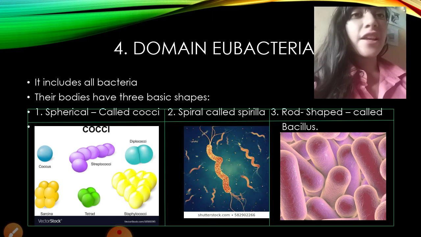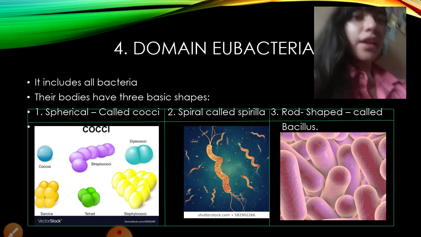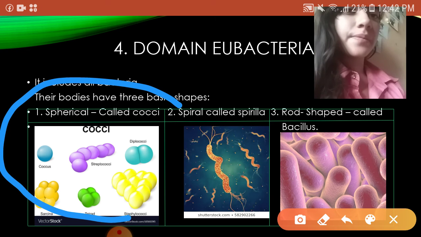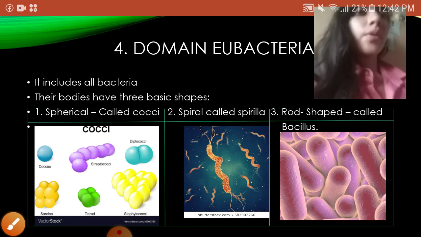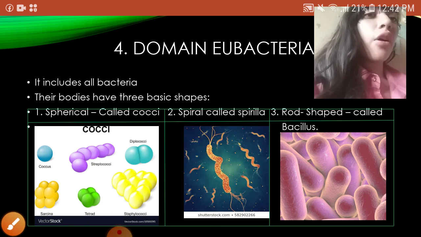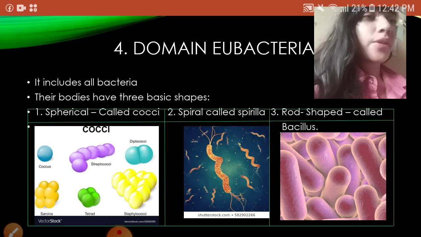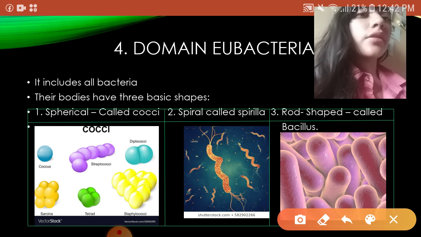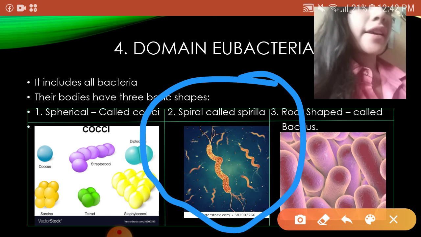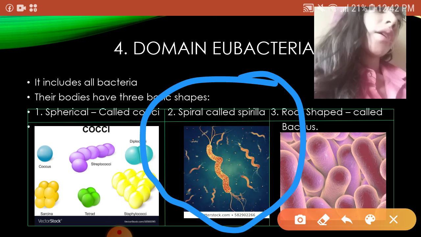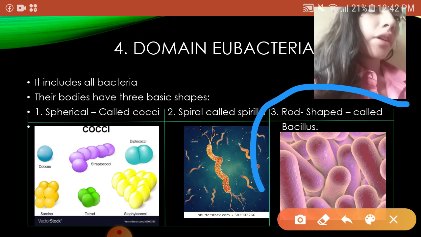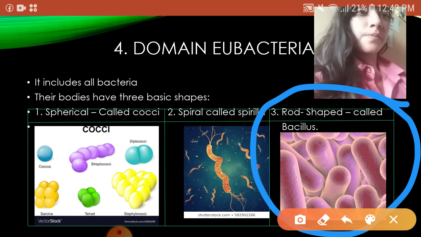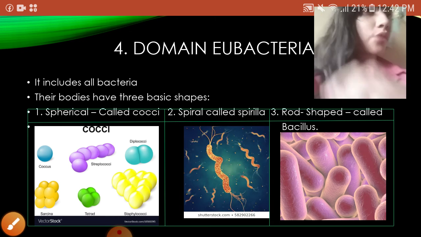Number 1 is spherical, and these are the bacteria called cocci. Number 2 are bacteria with a spiral shape, called spirilla. And the third one is the rod shape, called bacillus. So in this kingdom belong all the bacteria.